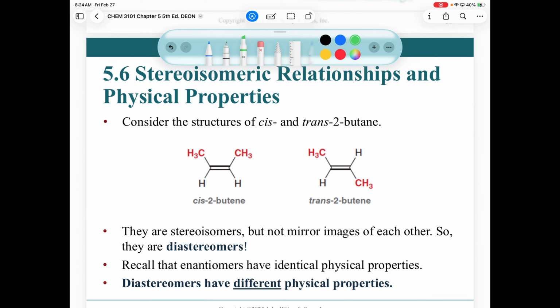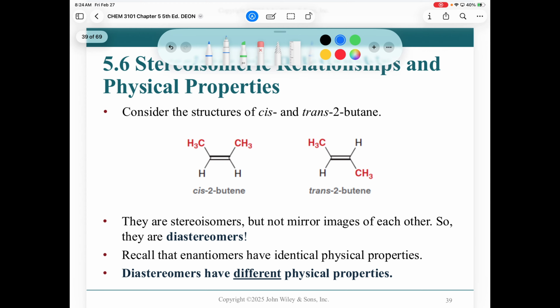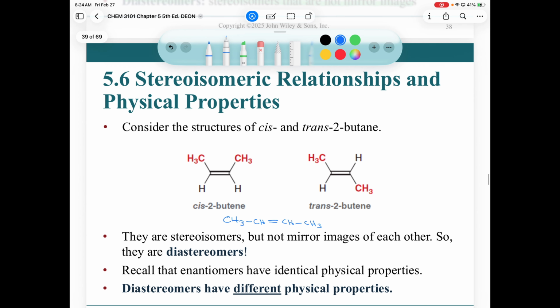As I said, if you had cis-2-butene and trans-2-butene, I know I've gone over this with you before. They're both CH3, CH, double bond, CH, CH3. They have the same connectivity, but they're not the same compound, are they? They're stereoisomers. They have a different arrangement of the atoms in space.